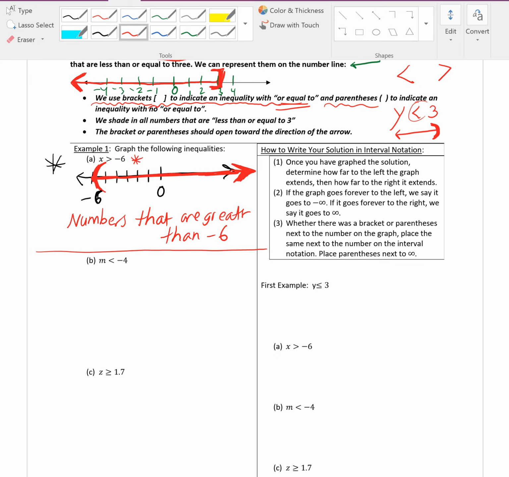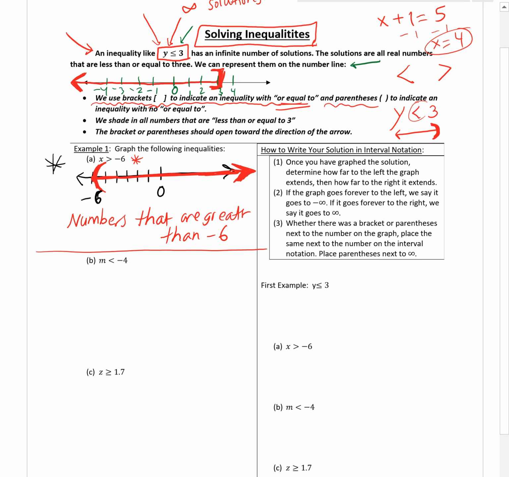Just so you know, that's not that important in this example, but it'll be important later. You know how our arrow went forever to the right, on and on and on? We say that's in the direction of infinity, because it's going 1, 2, 3, 4, and those numbers are getting larger and larger, which eventually goes towards infinity. But in the top example, at the very beginning, our arrow went forever to the left.